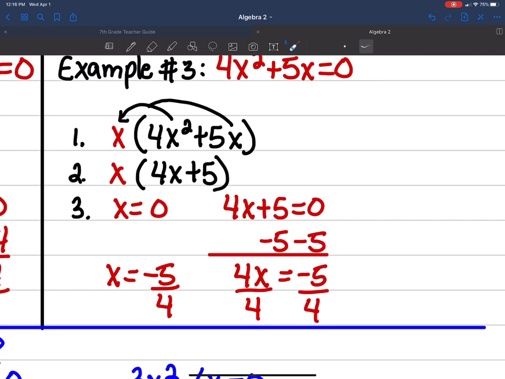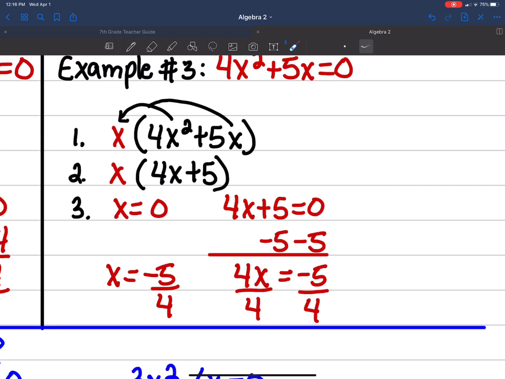All right, add -5 to both sides, and then I'm left with 4x equals -5, divided by 4, and my answer is right there. x equals -5 over 4. Okay, great. So that's it. This is easy.